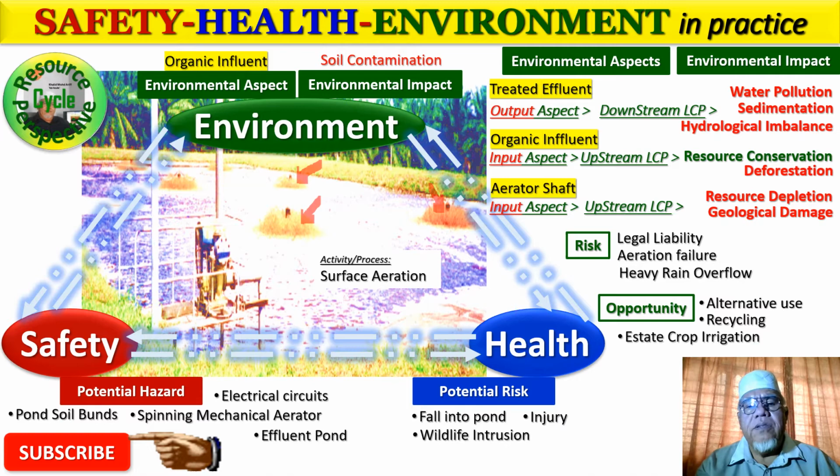This is a surface aeration technique, one of the treatment ponds found in the treatment of effluent discharges from palm oil mill operation, probably from autoclave, from hydrocyclone and all this. So all this water will be the so-called wastewater.